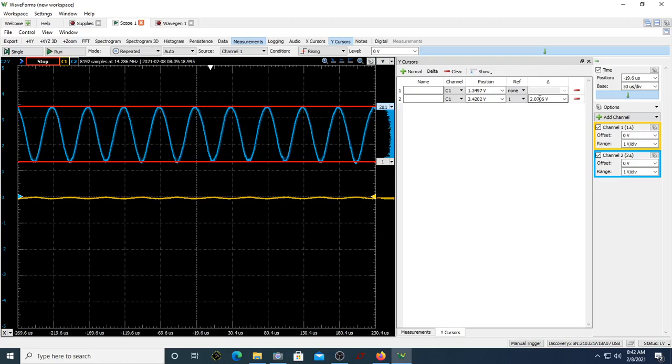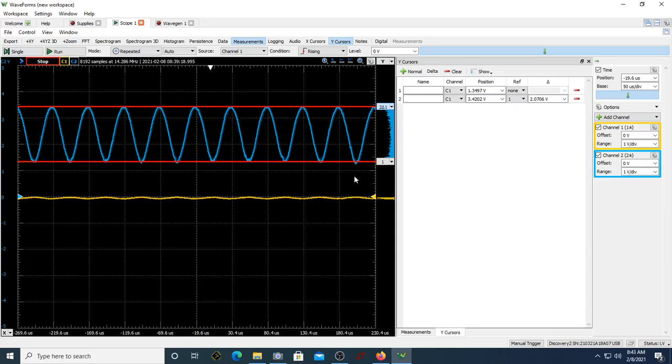If I calculate the values, it is 2.07 volt divided by 40 millivolt, which happens to be, okay, now the gain is around 51.75. It is 51.75.